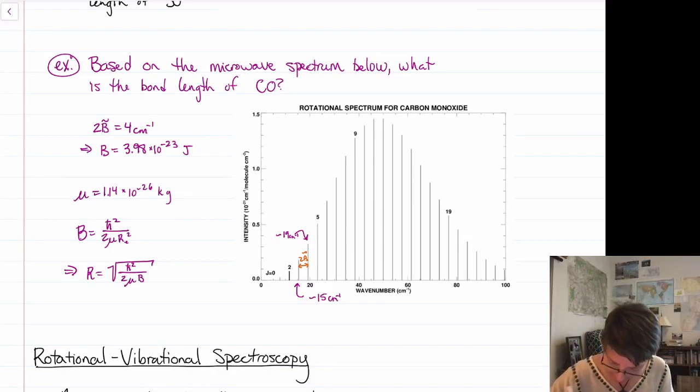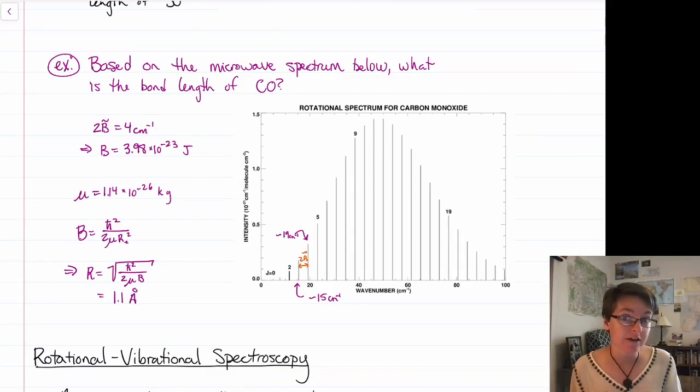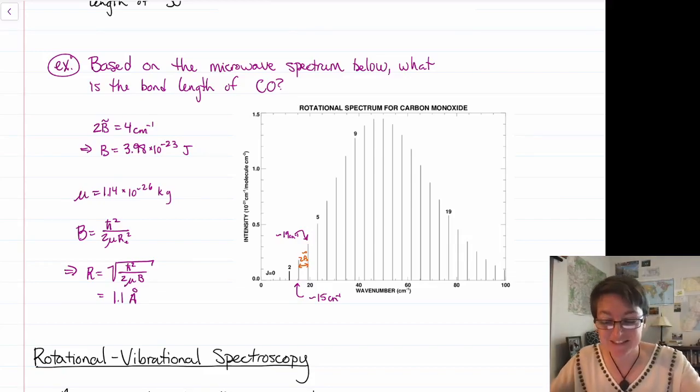Plugging in those values for our equilibrium bond distance, we get that R is equal to 1.1 angstroms. And compared to the value of 1.13 that you get from Wikipedia, that's really good.